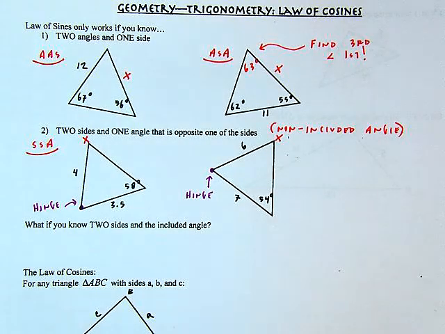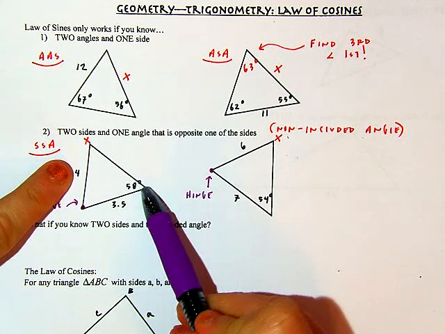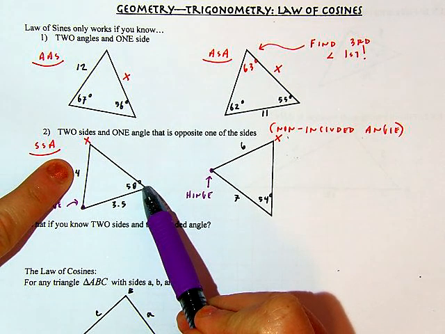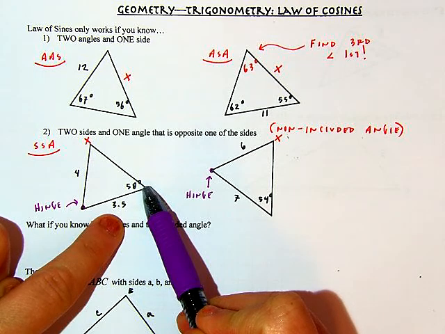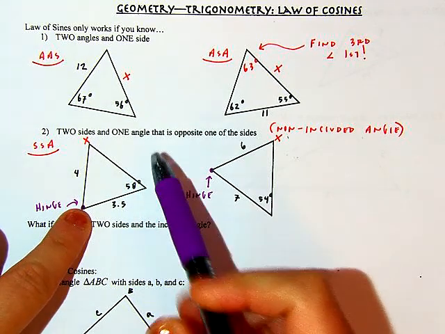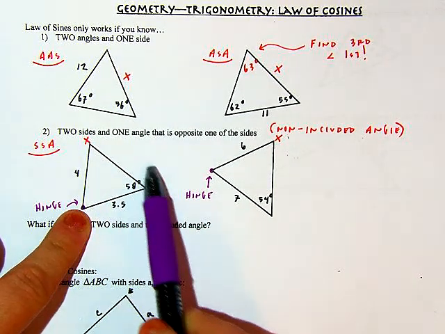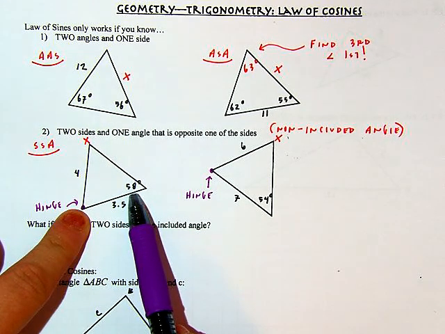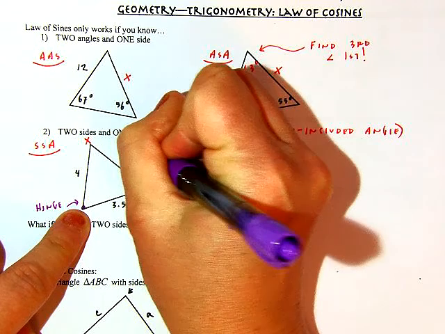All right, so what I'm picturing when I think, is it ambiguous or not, I'm looking at the side that is opposite the marked angle. Okay, and I'm looking at how it relates to the other side. So in this case, the 4 is bigger than the 3.5. So if this is my hinge, and this is 4, it's bigger than this side here, it really has no alternate position to swing into to maintain that 58-degree pathway. So this first one is not ambiguous.